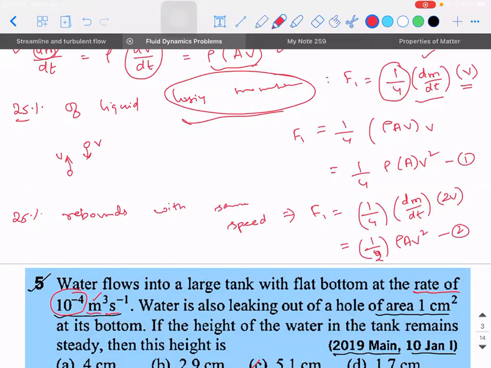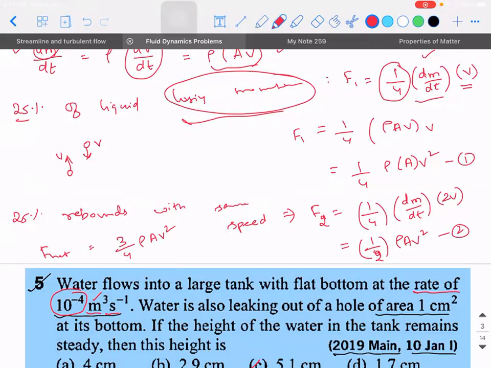The remaining 50% we need not worry, because it is not contributing to the force. So what is going to be the net force, guys? 1/4 times rho A v square plus 1/2 times rho A v square. Net force is 3/4 times rho A v square. That is 75%.